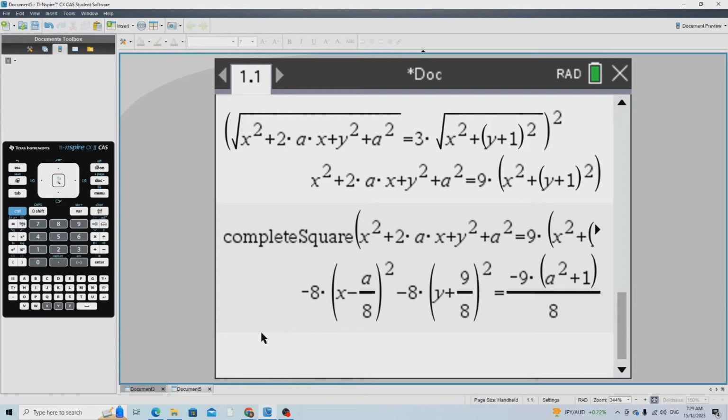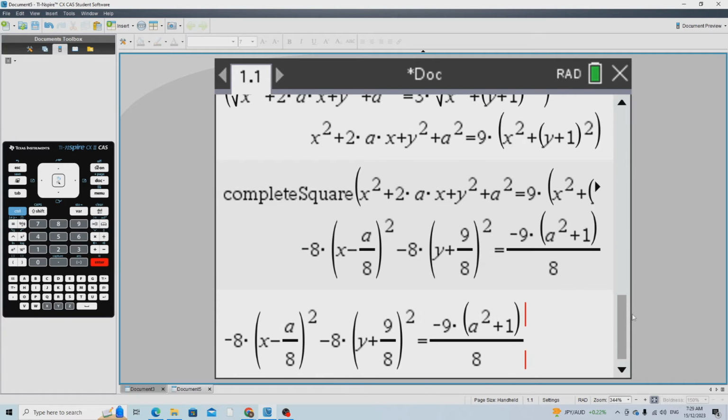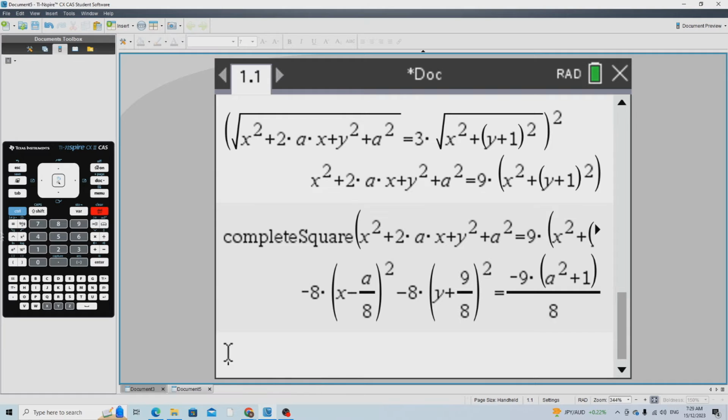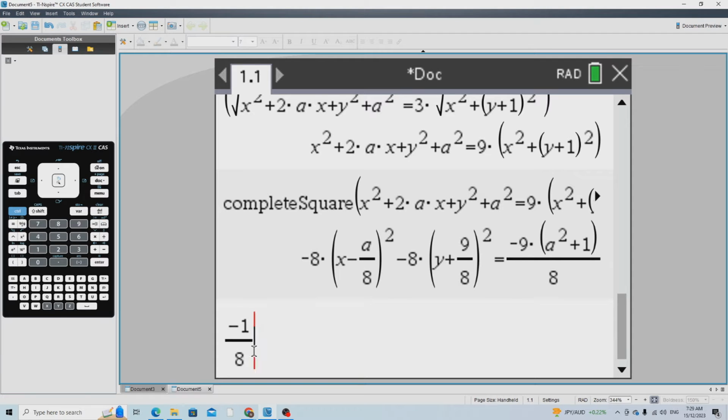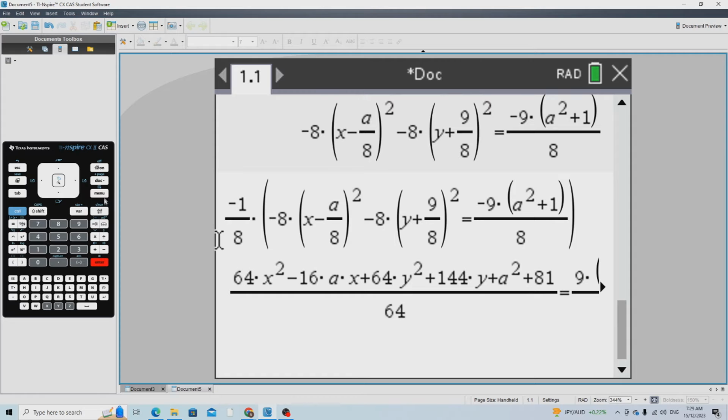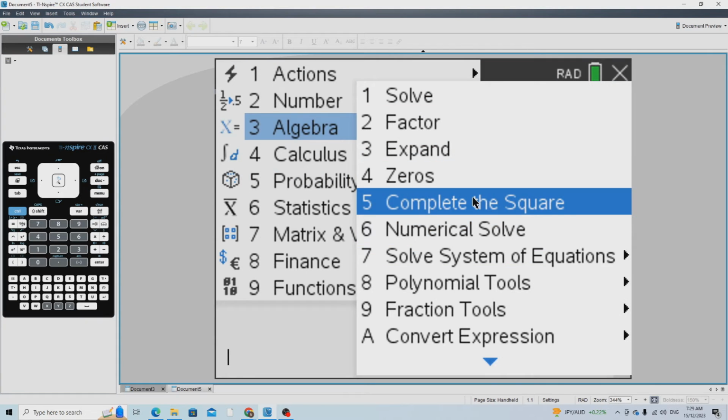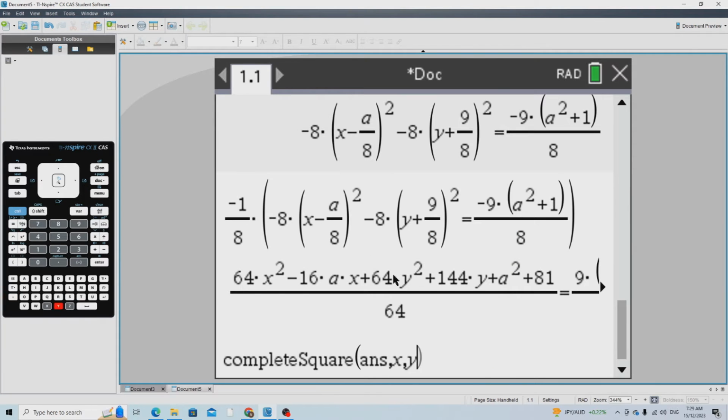So what about if I multiply it by -1/8 to get rid of those -8 times answer. And let's go back to completing the square again. Answer, comma X, comma Y.